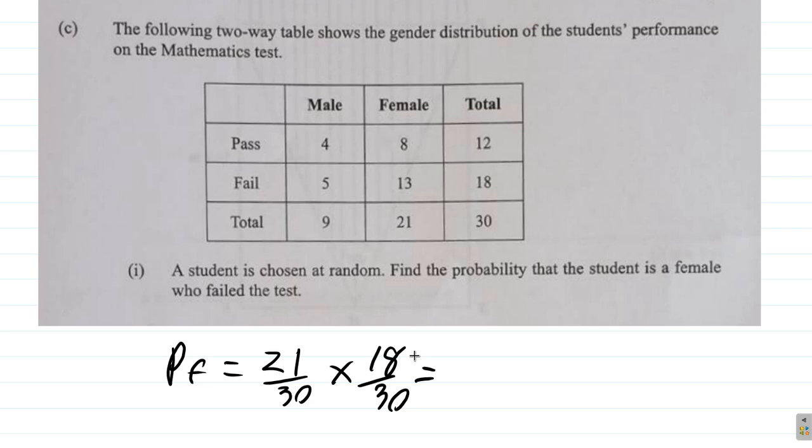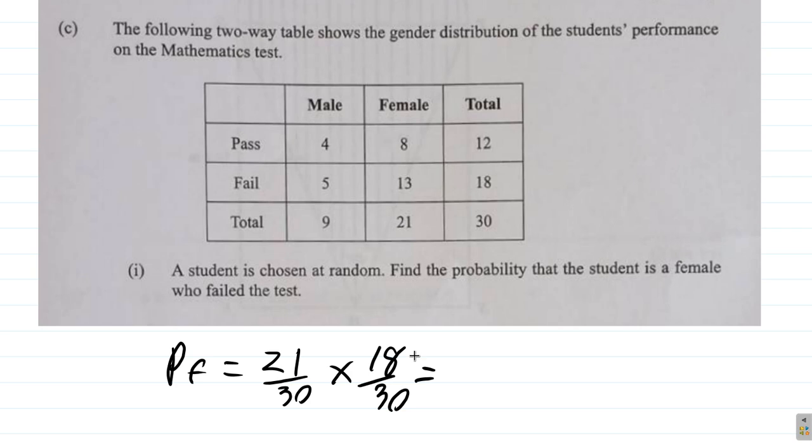So, considering the probability that you just choose a student at random, you don't know who is who. You did not point out the females and then say what's the probability that that female had failed the test.